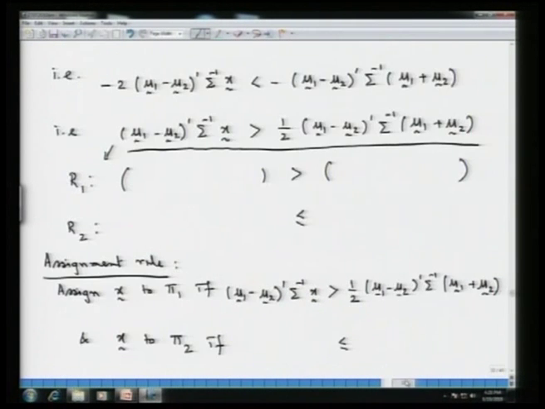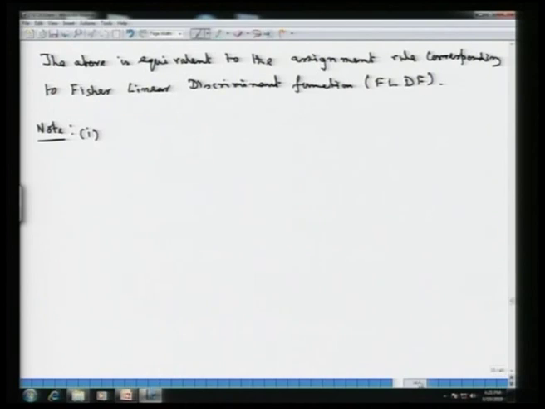Now, how does this particular rule correspond to a most powerful test critical region? It is natural because we are looking at two different populations and we are trying to build a rule which is going to solve the problem of whether x is coming from the pi 1 population or from the pi 2 population.